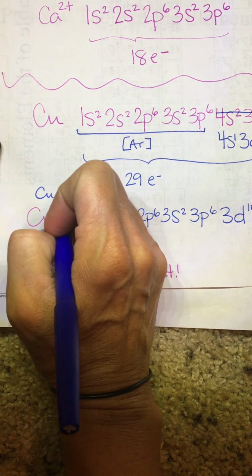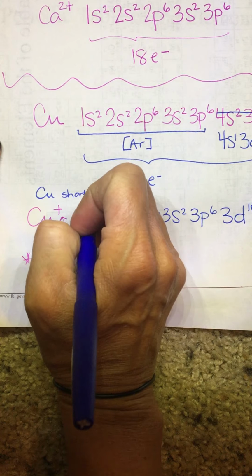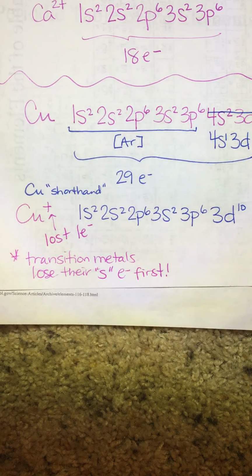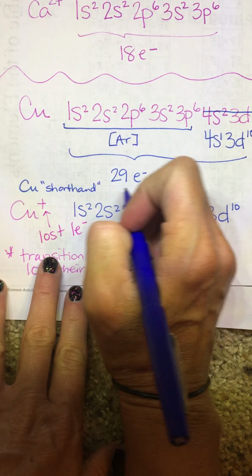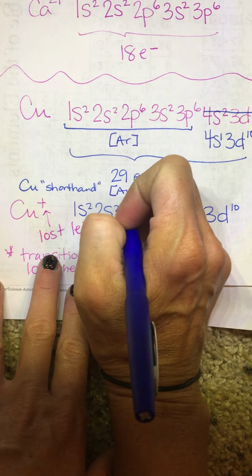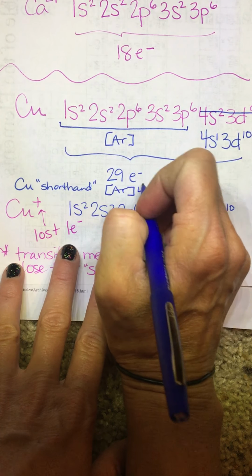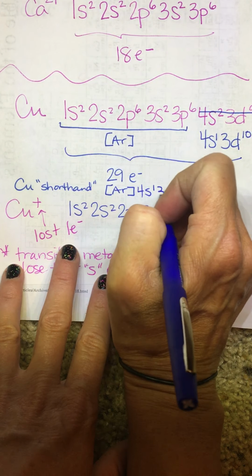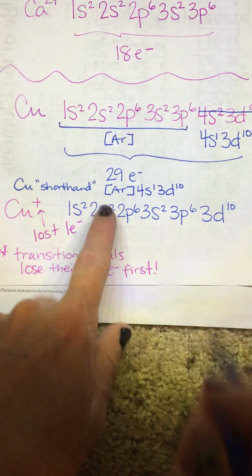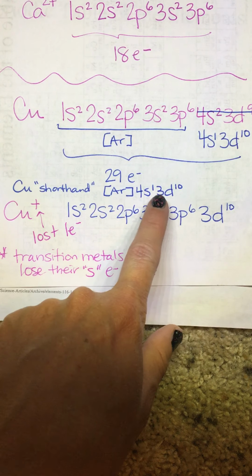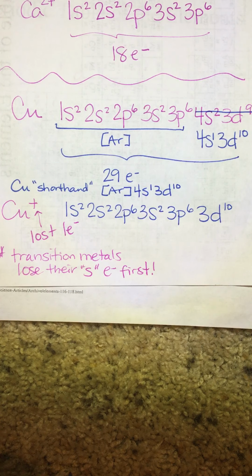I can write for copper, again, shorthand, which is called the noble gas configuration, I'm going to write argon and then everything else that comes after it, which is the 4s1 3d10, where argon is representing the first 18 electrons, and then you've got the other 11 right here for a total of 29 for copper.